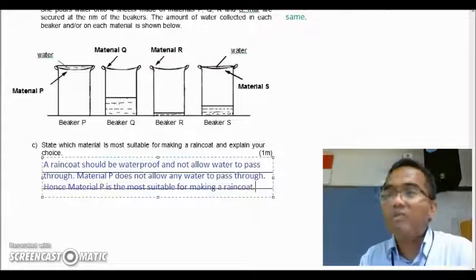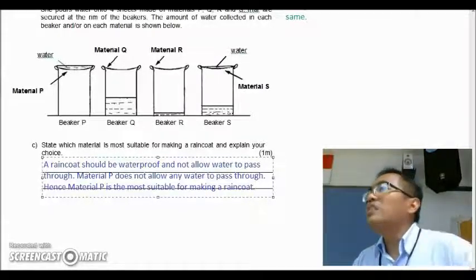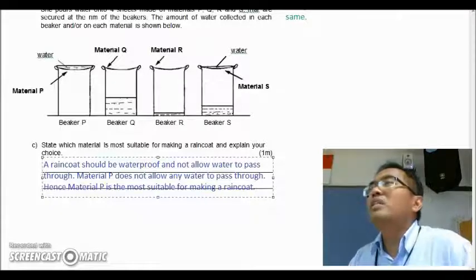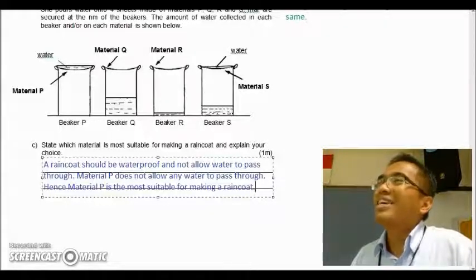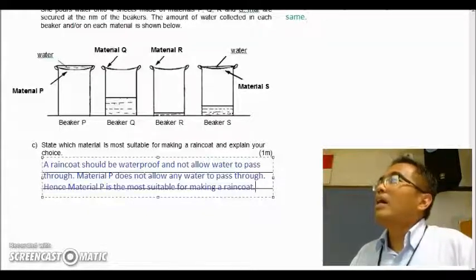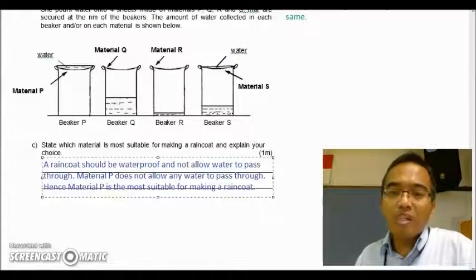Now remember, whenever you answer booklet B, imagine you are explaining it to a P3 child. Even though the marker is not a P3 child, probably a 53-year-old woman or man. Okay, there's a likelihood it's like that. But imagine you're explaining to somebody who's just learning science. So you explain it step by step.